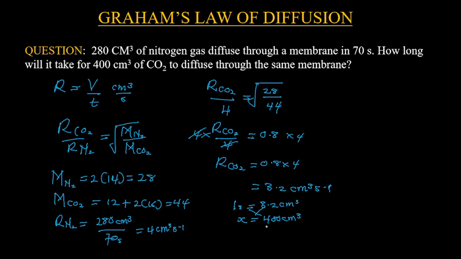So when we cross multiply, we're going to have x equal to 400 divided by 3.2, and when we do that, we are going to have 125 seconds. So this is one of the questions, and yeah, you can try more.